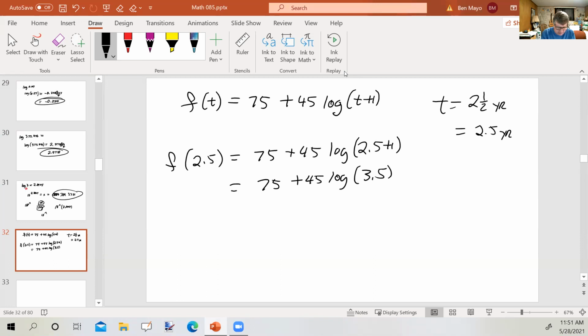So now on the calculator, 75 plus 45 times the log of 3.5, close it up, and I get 99.48. So rounding to the nearest fish, it would be about 99 sunfish.